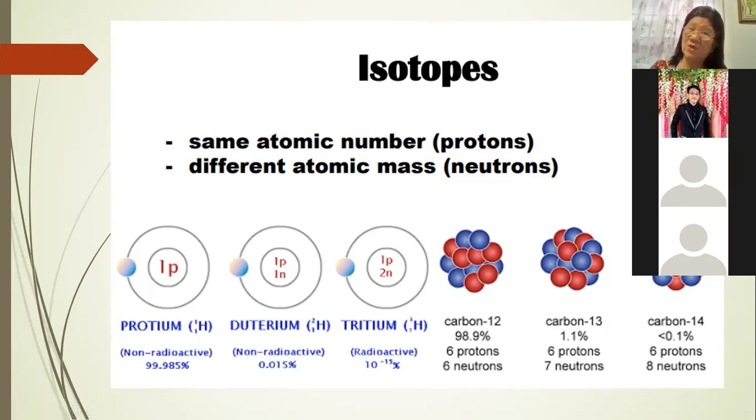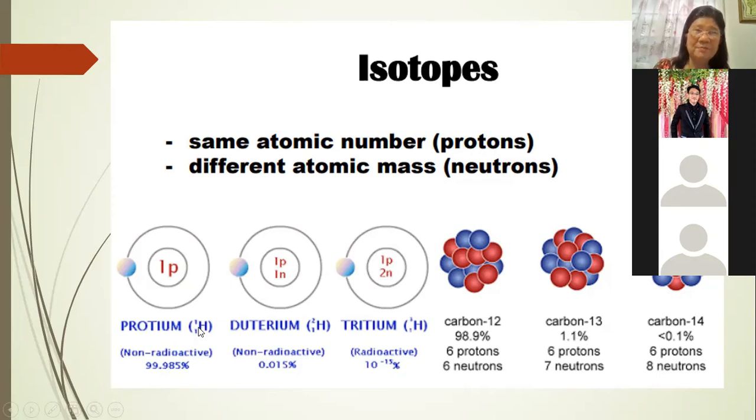So how are we going to get the number of neutrons? You use the mass number. You have a mass number here of 1. The atomic number is the one at the bottom, and the atomic mass is the one on top.